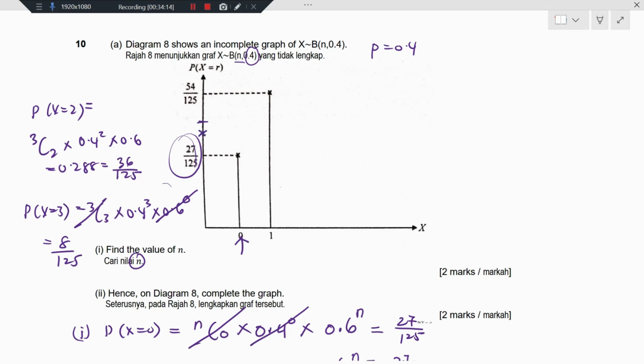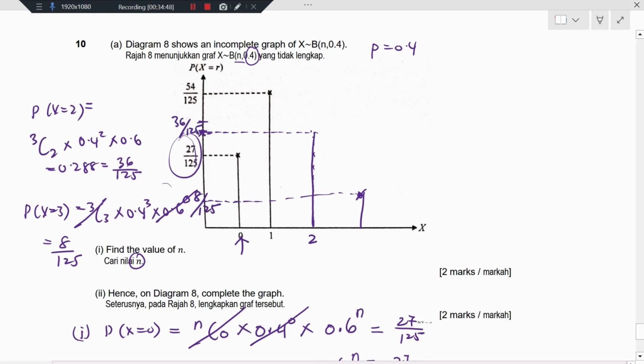You just estimate, there is no scale at all, like your teacher tells you. In the exam, they won't ask for exact scale, just estimate. No need to scale everything. So 36 will be around there, and 8 should be very low. So right there, 8 over 125. And this one you should label 36 over 125. Okay. Right.